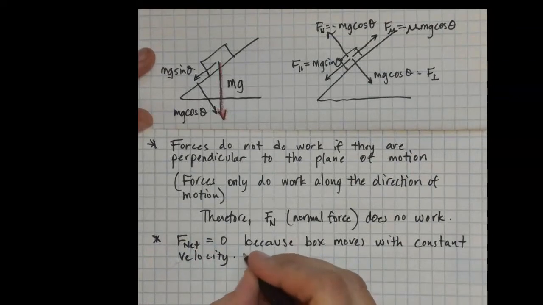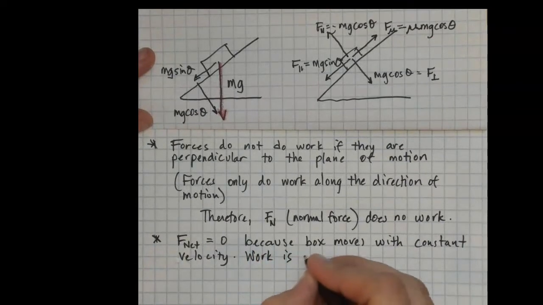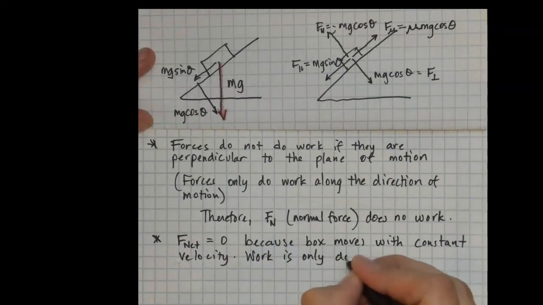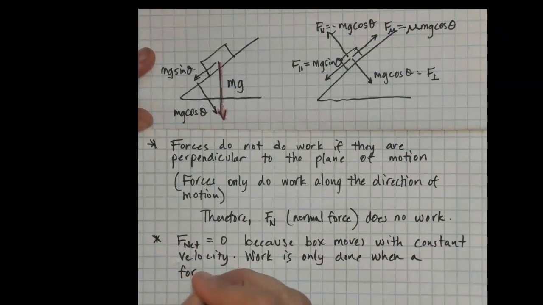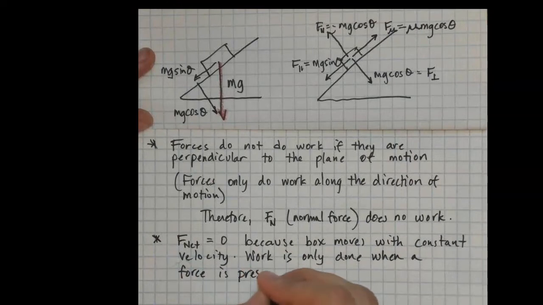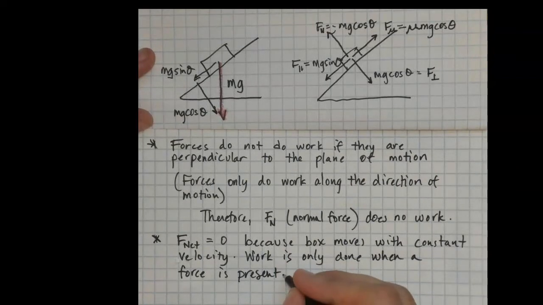I found this kind of an odd question to ask because the net force is really just adding up everything else in the free body diagram. And so the idea of a net force accomplishing work seemed just strange to me conceptually. But you could say it. It's just another way of thinking about the problem.